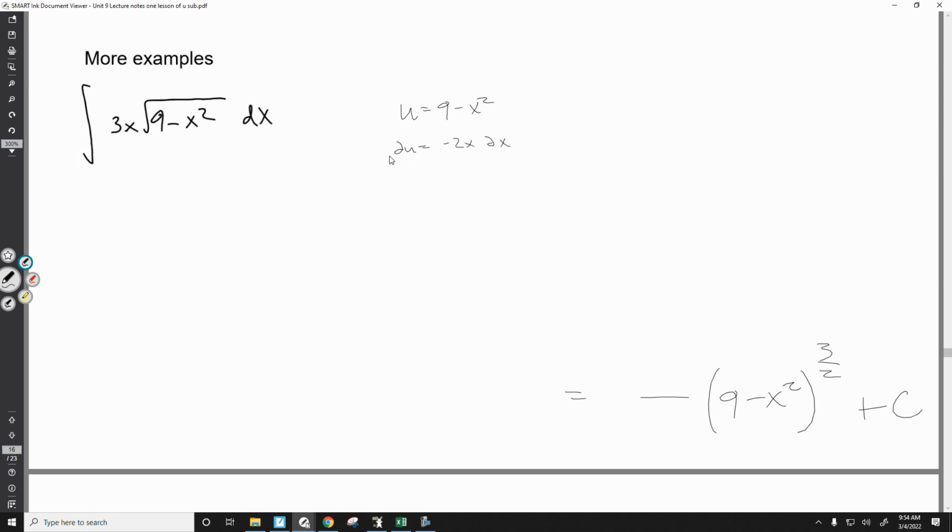Step 3, solve for dx. Get dx by itself. You'll have 1 over negative 2x du equals dx. This is work done on the side to enable us to do the u-substitution step. Sub in the beginning, sub in the end.